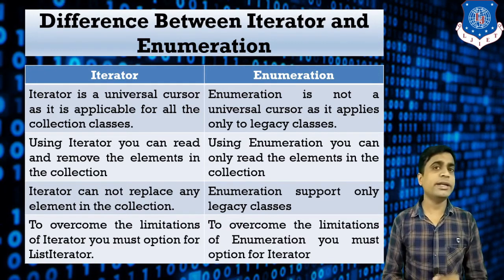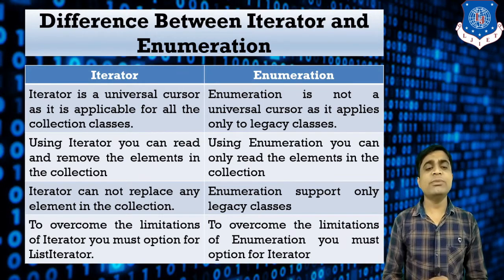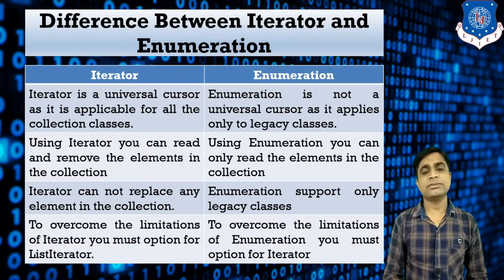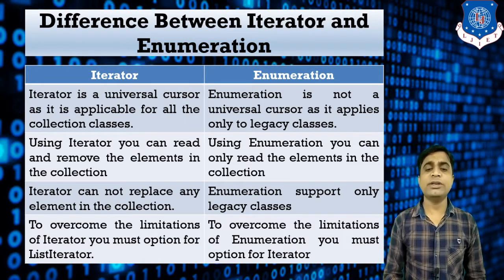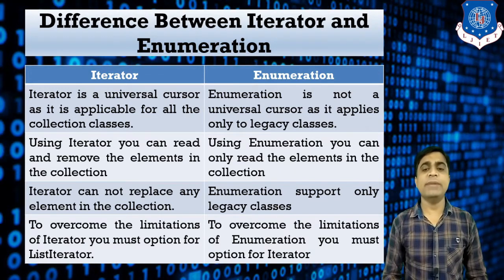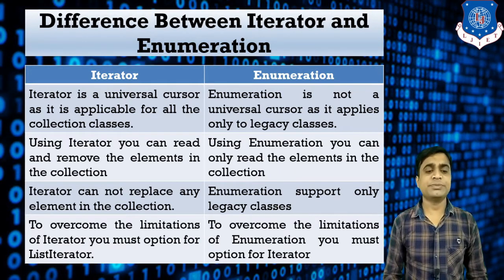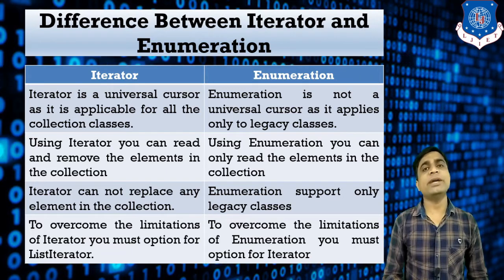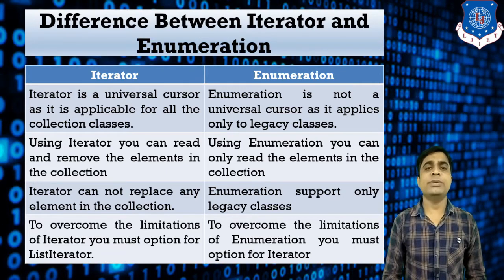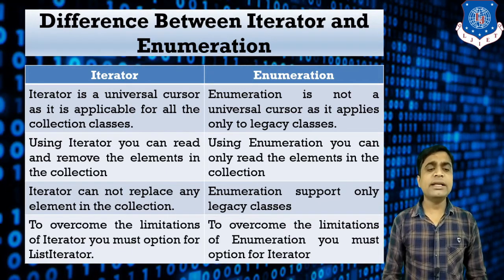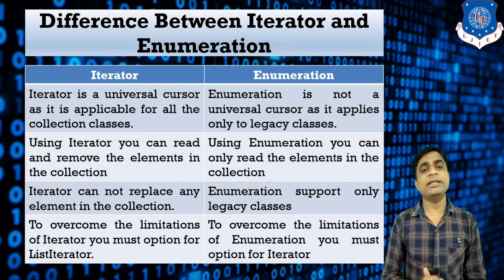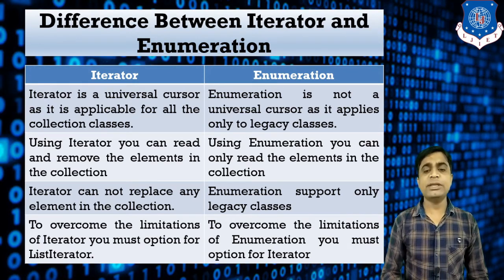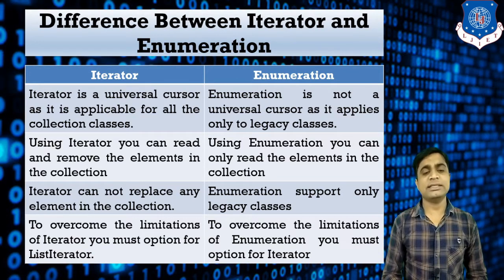Using an Iterator, you can read and remove elements in the Collection. Using an Enumeration, you can only read the elements in the Collection. You cannot remove elements using the Enumeration. The Iterator cannot replace any element in the Collection, whereas the Enumeration supports only legacy classes.